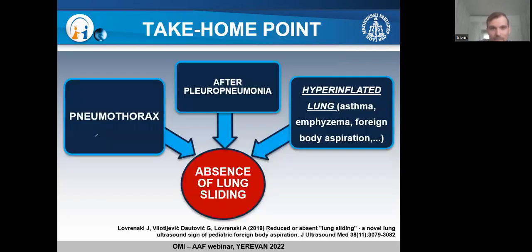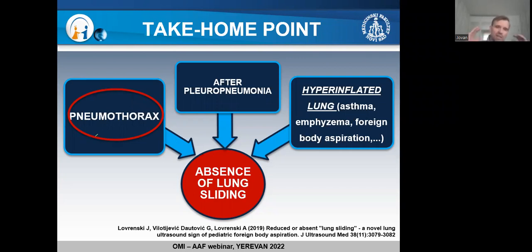Okay, this is a very important take-home point, and I really want to put stress on this, because in most of the papers, whenever absence of lung sliding is mentioned, they talk about pneumothorax. And of course, this is the most important and the most urgent diagnosis, and I agree with that completely.